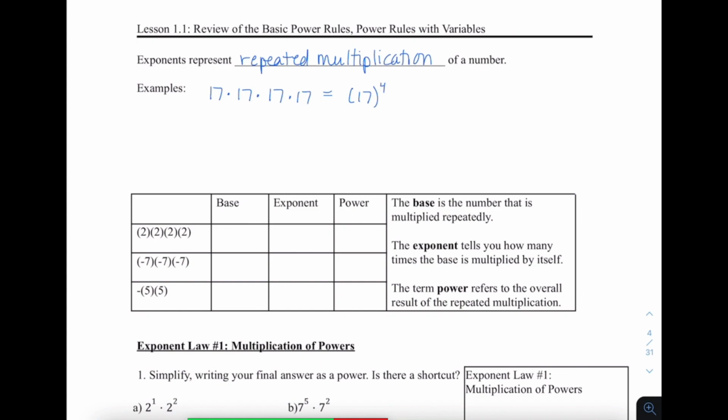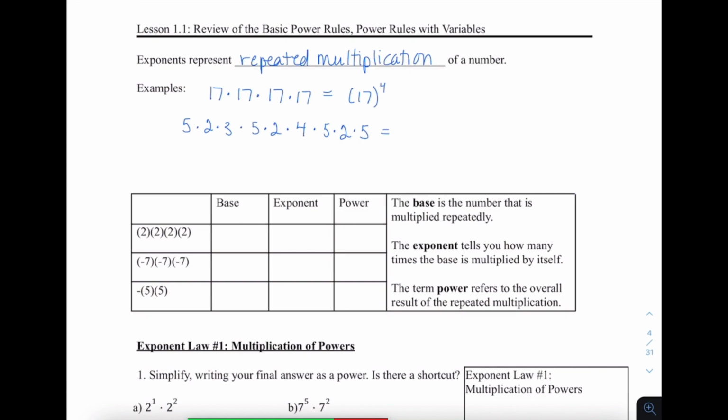Or if I wanted to write 5 times 2 times 3 times 5 times 2 times 4 times 5 times 2 times 5, what I could actually do is rearrange this in a way that puts repeated multiplication together.